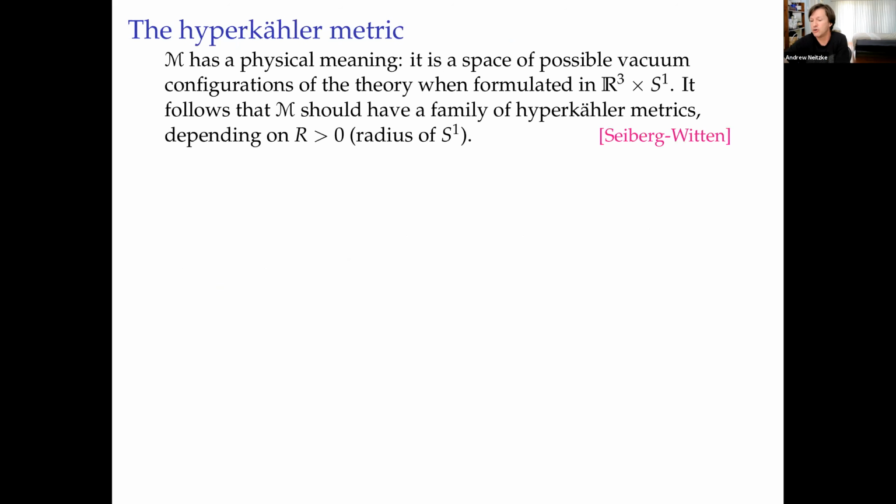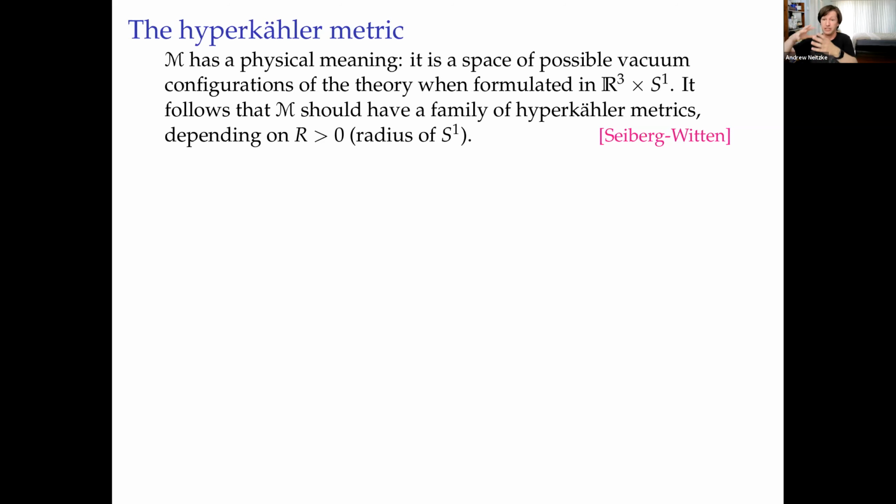Okay. So far I've been telling you essentially the background, and now I want to start getting to what we are going to construct. One of the key things about this space M, which I described as a kind of abstract complex integrable system, is that it has a meaning in physics, and its meaning is quite parallel to the meaning of the Coulomb branch B. The meaning of B was the vacuum configurations of the theory in R4.